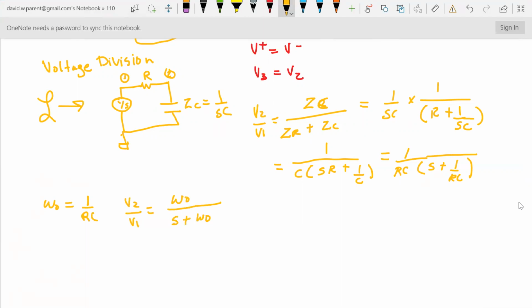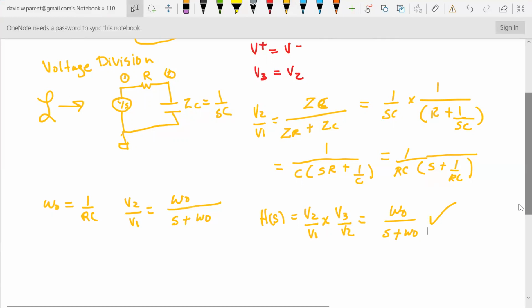So then we just have to find the final transfer function, which is H(S) equals V2 over V1 times V3 over V2. Since the scale factor was just 1, in this case we really just get omega naught over S plus omega naught. So that's the transfer function, right?